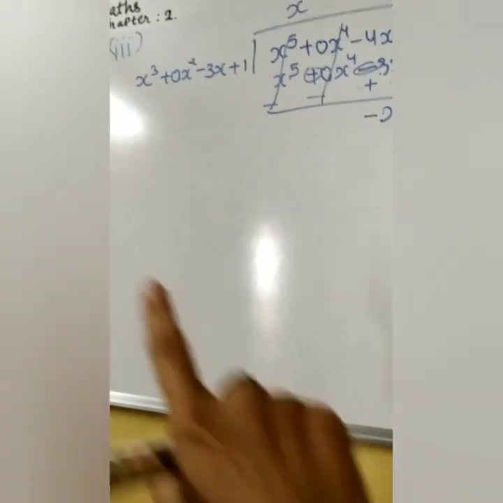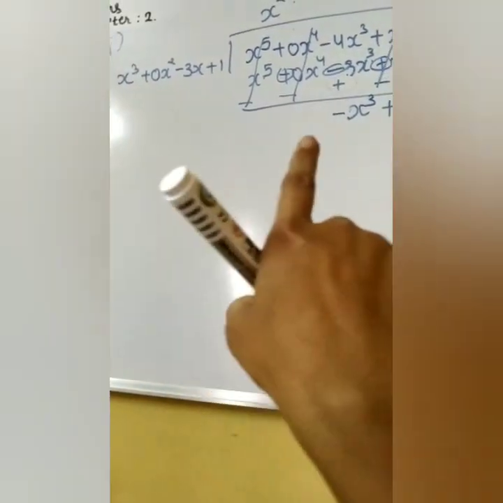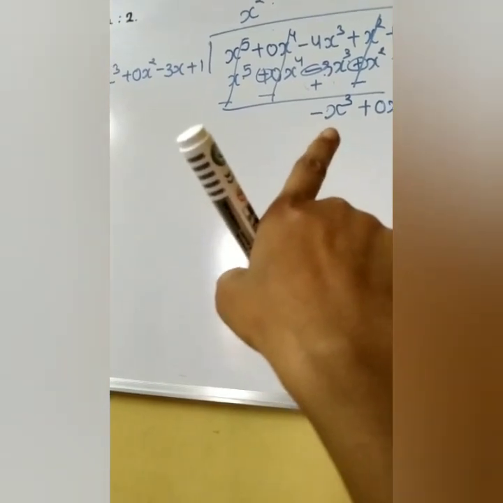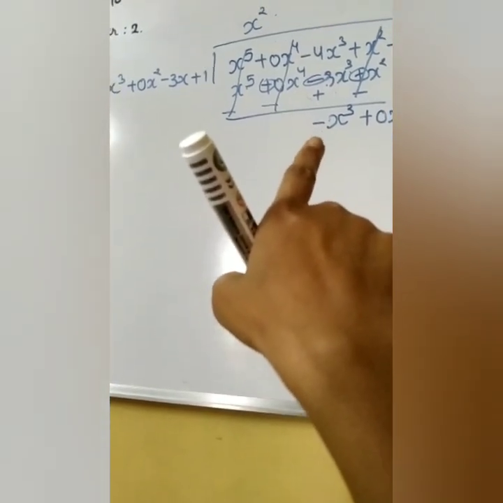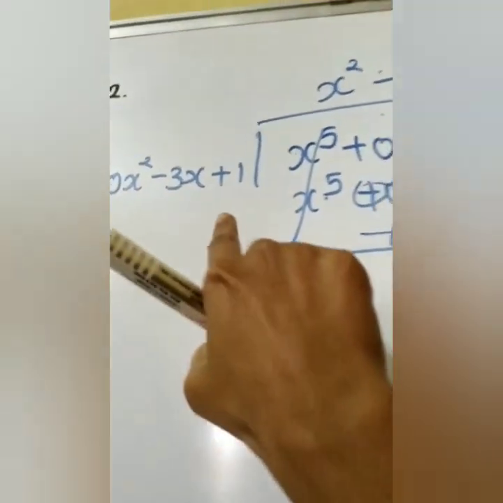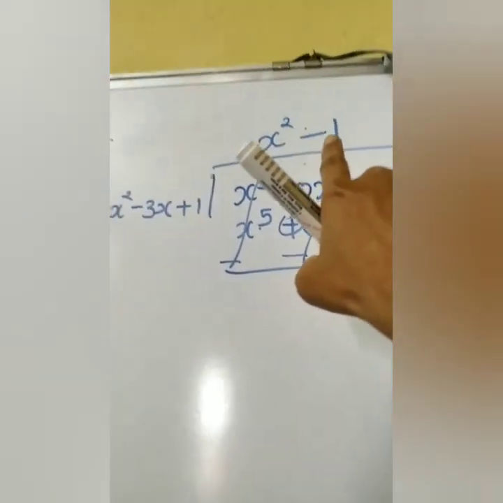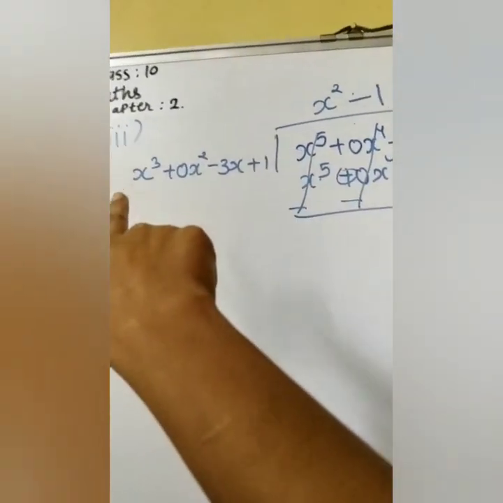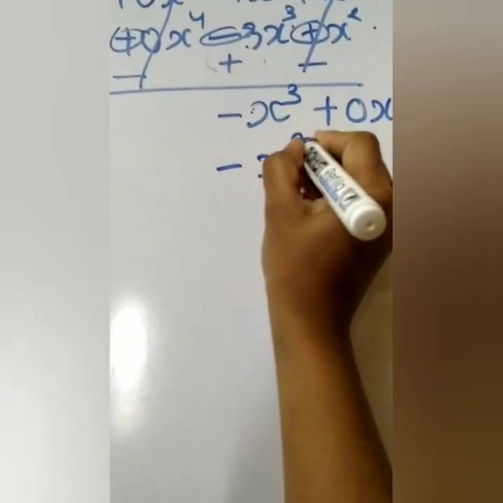Now here we will check. We want x cube, we have minus x cube. Means we don't want x, we want minus 1 over there. So we will multiply this whole g of x with minus 1. If we multiply it with minus 1, minus into x cube will become minus x cube.